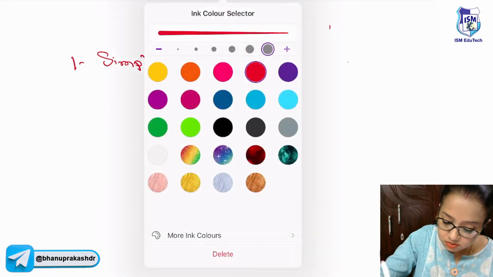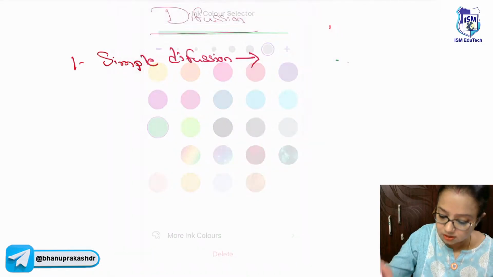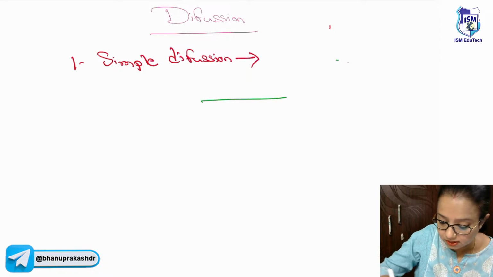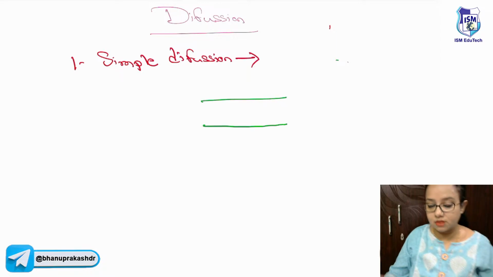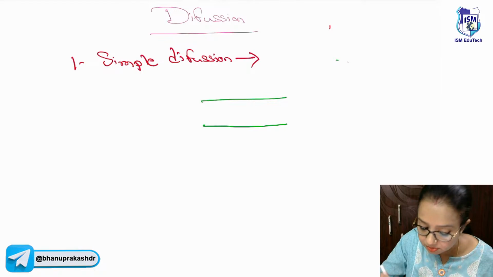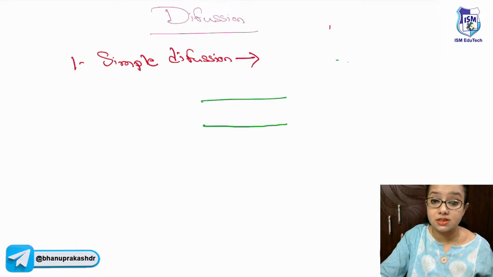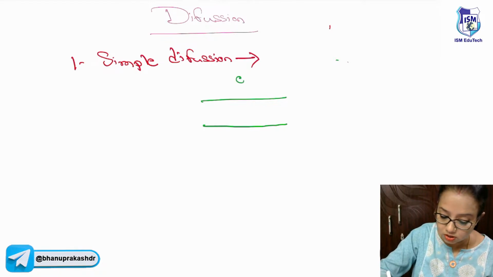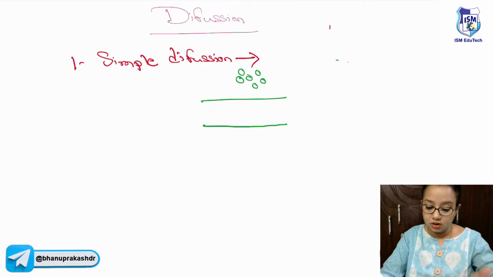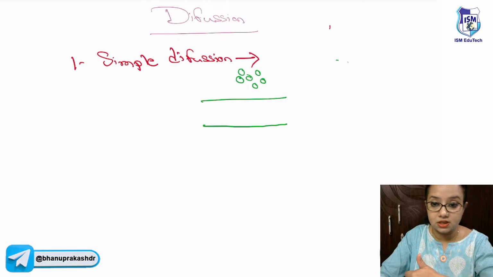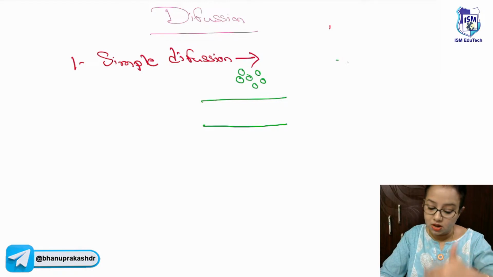So, how do we remember simple diffusion? Again, let us draw a simplified diagram of the cell membrane. Say, this is the cell membrane. What happens in the cell membrane? Substances, molecules that have to be diffused by simple diffusion, have to come from one end of the cell membrane to the other end.